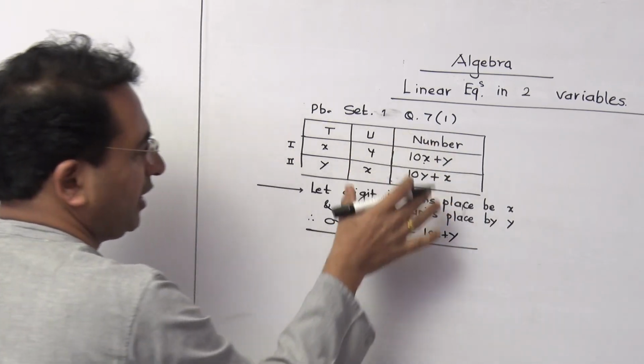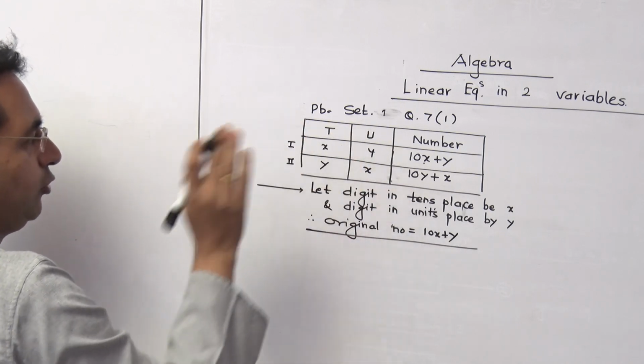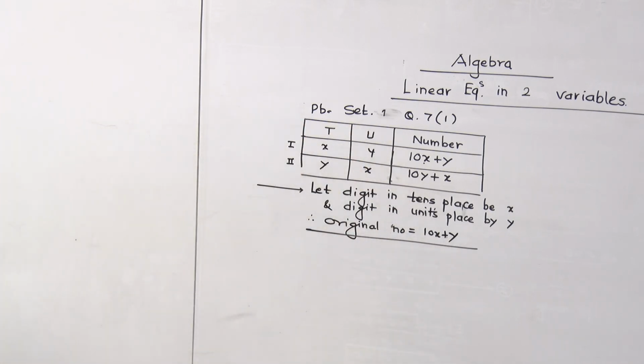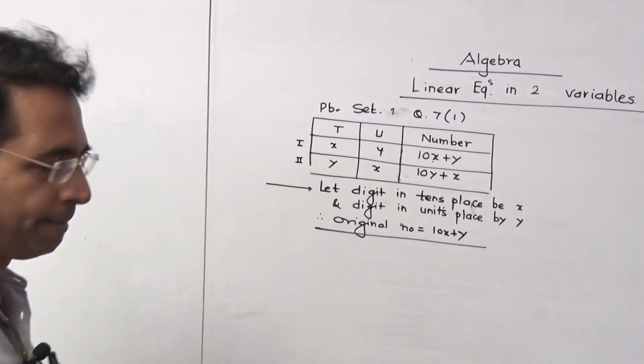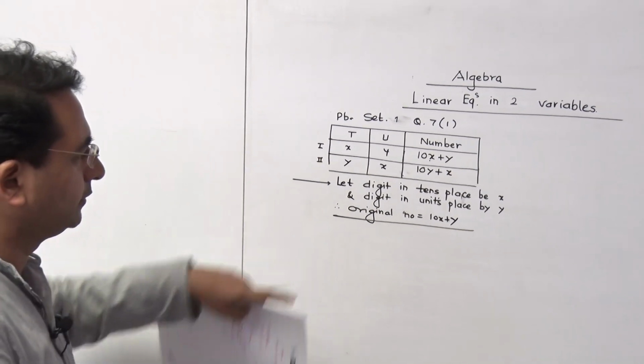See, this is what we can easily write based on the table. That's why you prepare a table like this. Later on, the framing of the equations will be definitely easier. This is what we normally write.